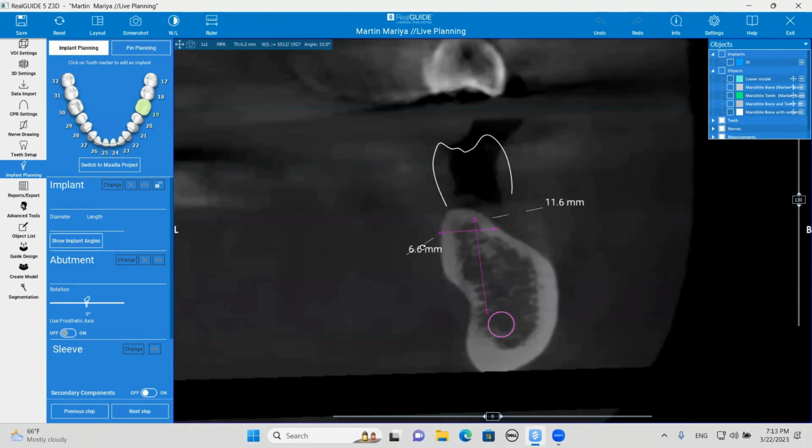So that is our outline of the tooth that we need to replace. He is measuring that for me. From the top of the ridge, we have 11.6 and then about 6.6. So we know that we probably can't get an implant to that very crestal area.